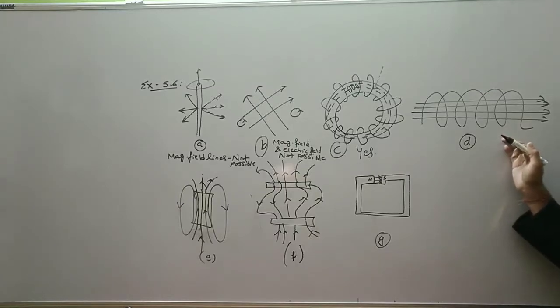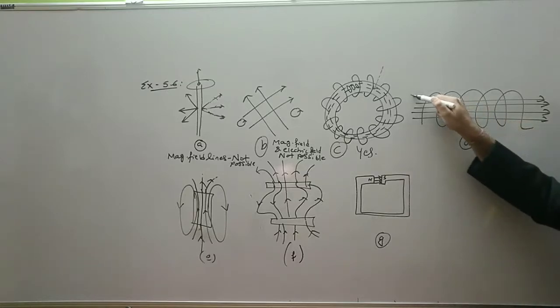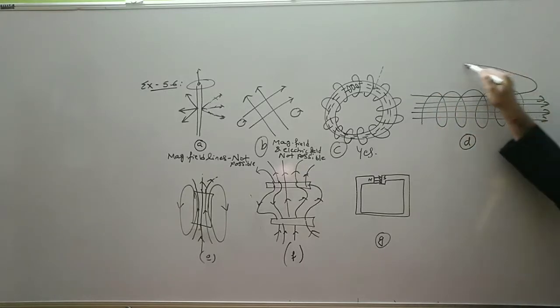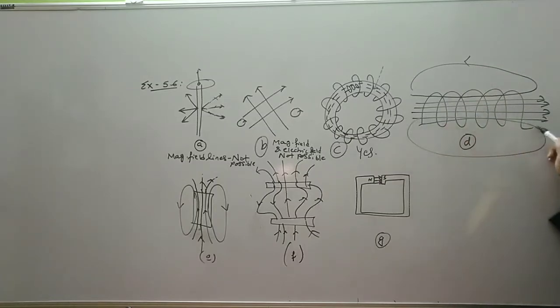Solenoid. Now, as far as inside is concerned, it is uniform, but on the edges, the bending of the field lines takes place. So it cannot be exactly straight or uniform, and it cannot be confined inside, because the magnetic field lines have to form a closed loop.